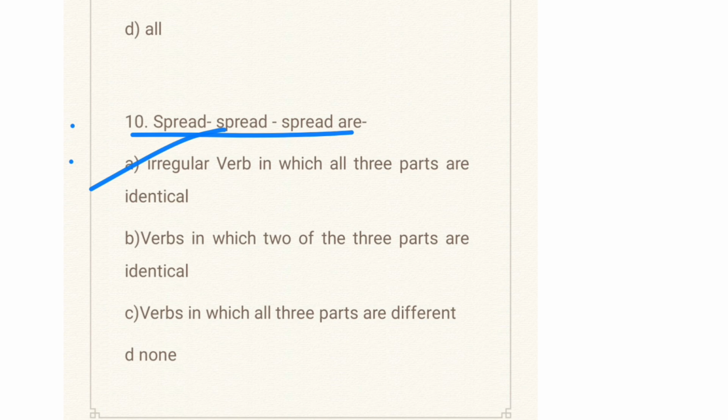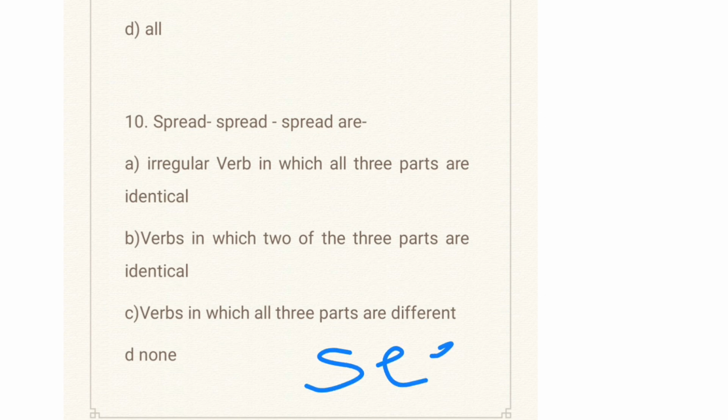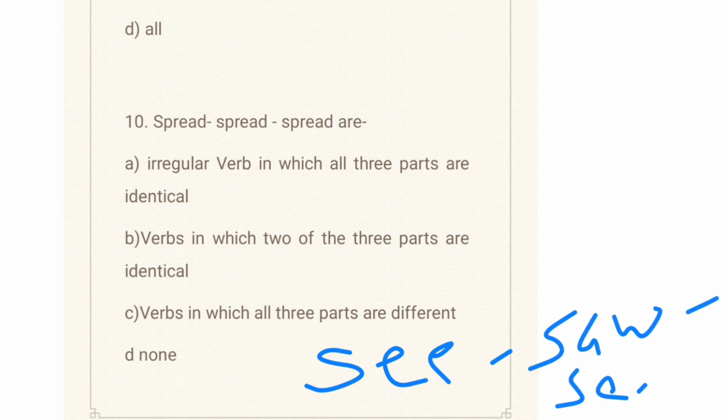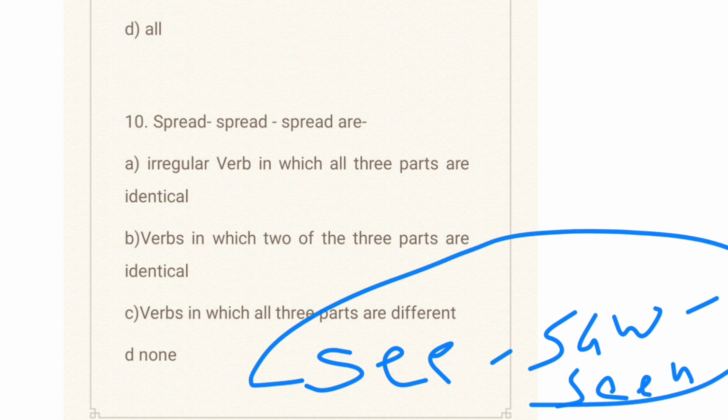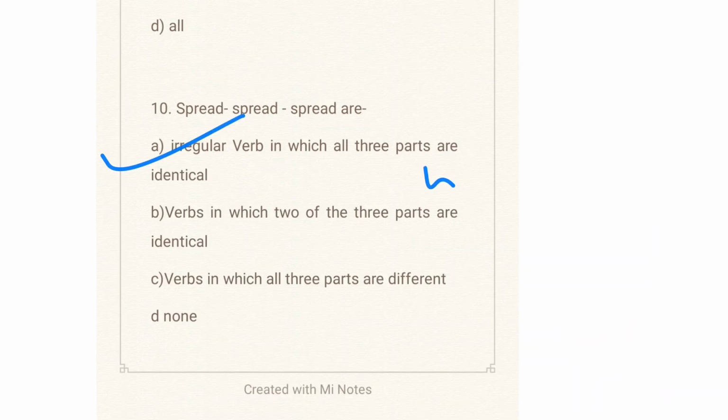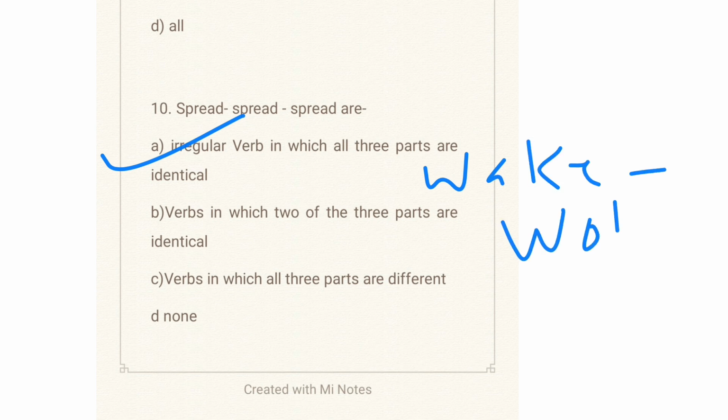And if all three parts differ, what do we call it? Suppose I write down here see, saw, seen. Tell me in the comments which type of irregular verb that is. If I write down here wake, woke, waken.